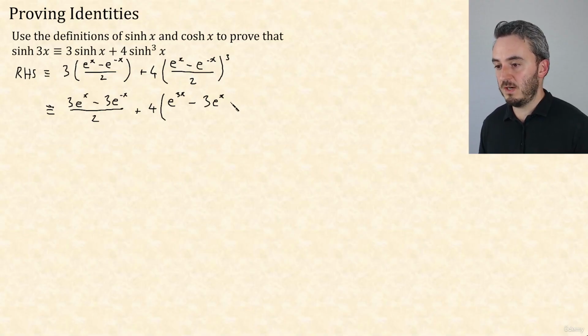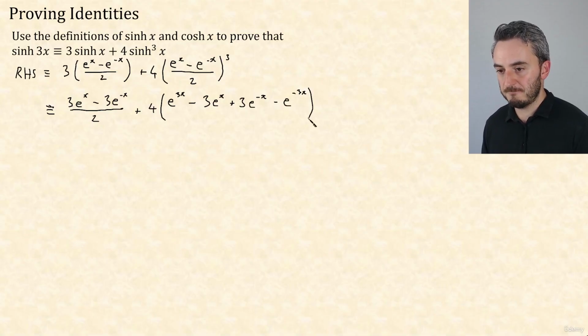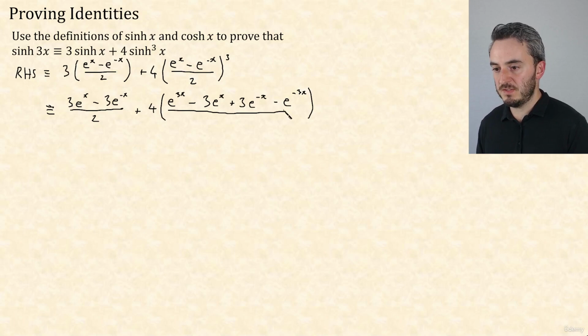Then 3 times, and this is going to be plus because it's this one once and this one twice, and the negative cancels. I get e to the x times e to the minus 2x, giving me e to the minus x here. And finally this term cubed, so that's minus e to the minus 3x. And all of that is over 8.